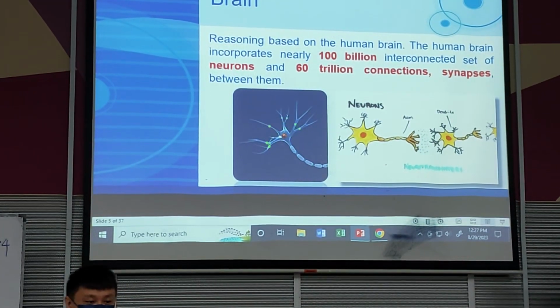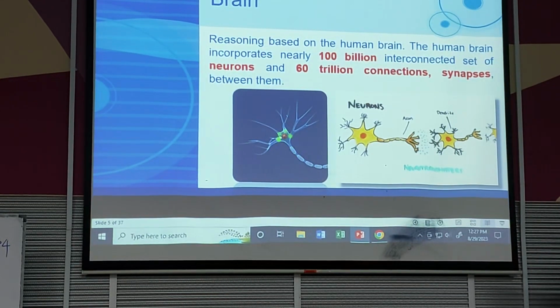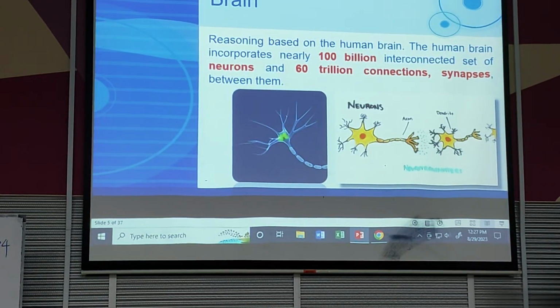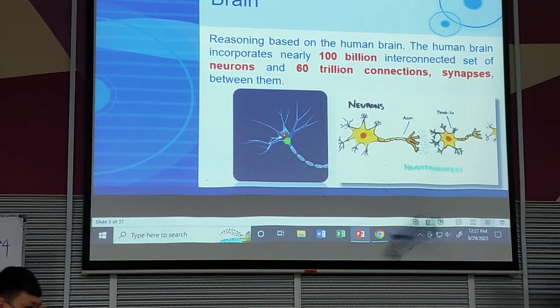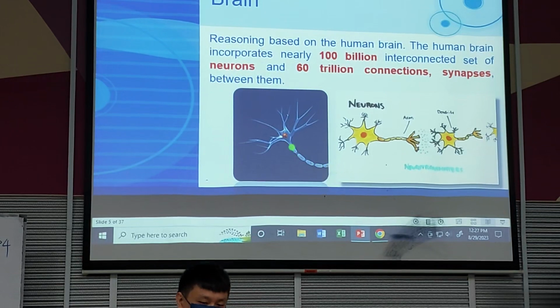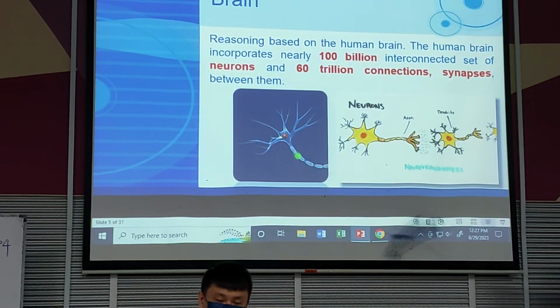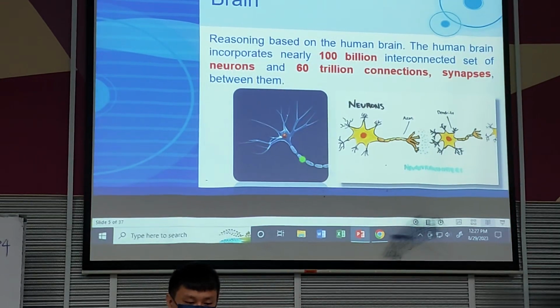So, brain, what is the purpose of the brain? To fill up the water, huh? What? To think, to analyze, to reason, to make decisions, right? So the human brain is actually formed by 100 billion neurons, connected together by synapses. I'm going to show you what neurons are later.